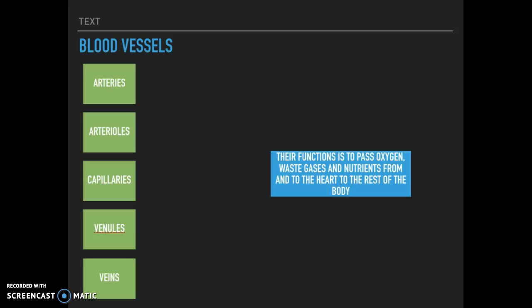So arteries are probably one of the larger blood vessels, or the largest, and have to carry really high pressure blood. And then this goes down into different arterioles, and then goes to the capillaries, which are just one cell thick, where gas exchange happens. And then it goes back to the veins, which carry deoxygenated blood up to the heart. But this is just a really brief overview, and I'm going to go into more detail now.